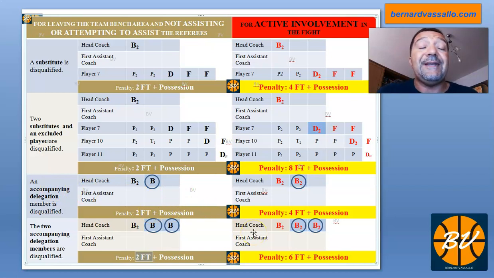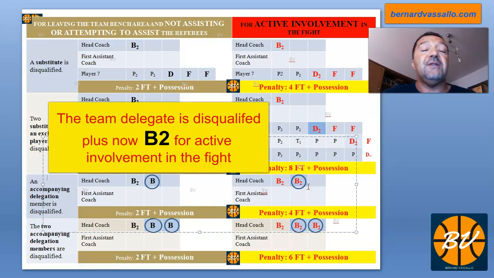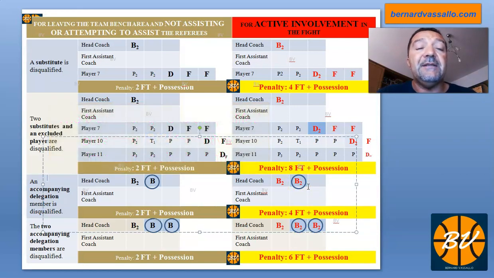But now, because he was actively involved in the fight, his disqualification will be shown on the score sheet as a B2, not a simple B. 2 free throws as penalty for the active involvement in the fight, apart from the fact that the coach will still receive an indirect B2 for not controlling his team members from entering onto the court.